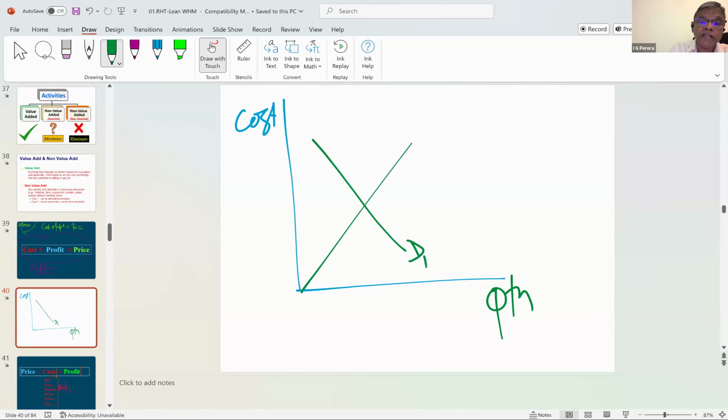For that, you have a supply curve S1. So this is the point where quantity demanded is supplied at this particular price. Quantity 1 and quantity 2. At this particular point, quantity demanded is exactly supplied.